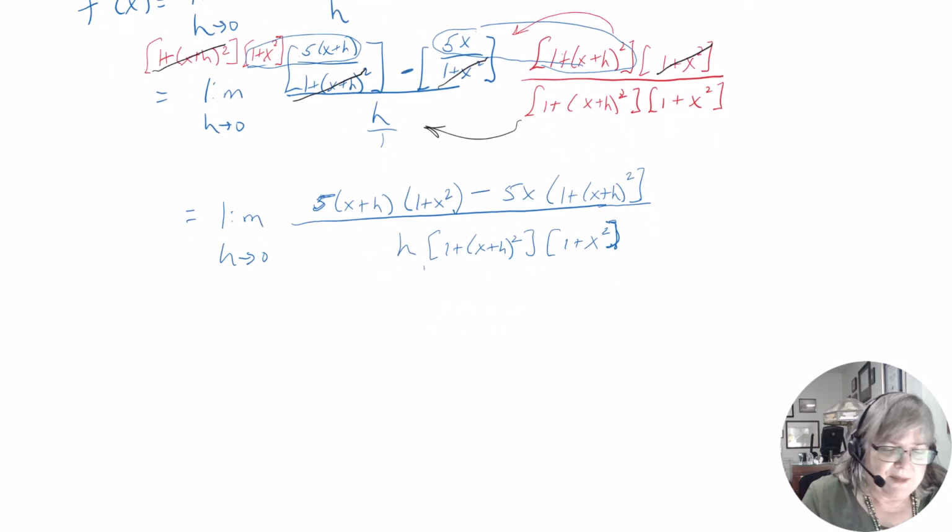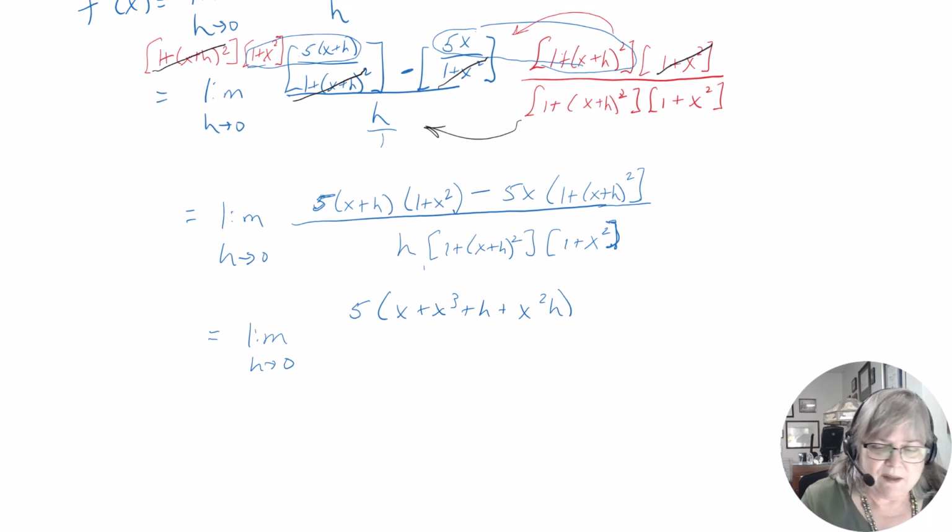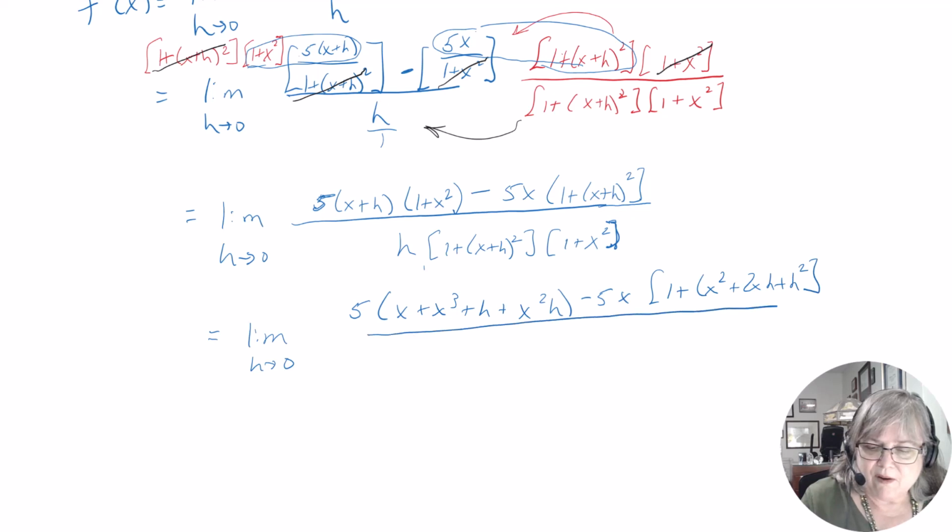So let's do some massive cleanup. All right. So from the first, you would have 5 times x plus x cubed plus h plus x squared h when you distribute that, okay, minus 5x times 1 plus x squared plus 2xh plus h squared over all of this.